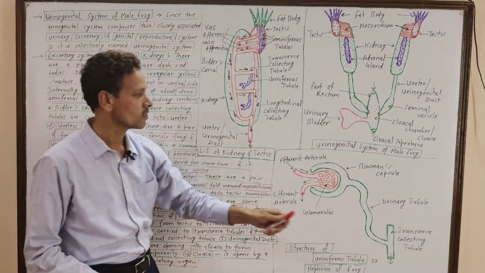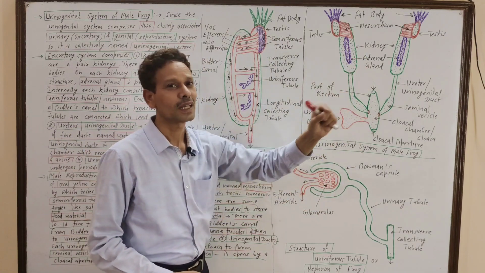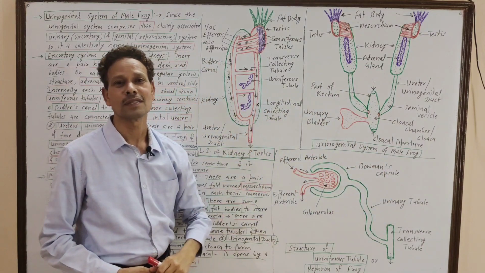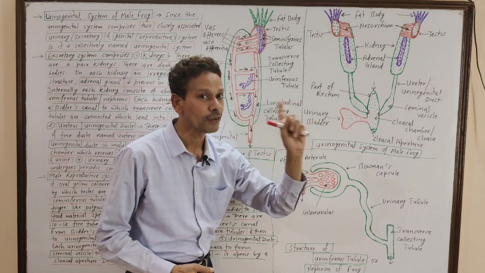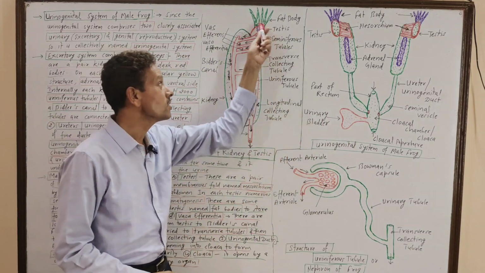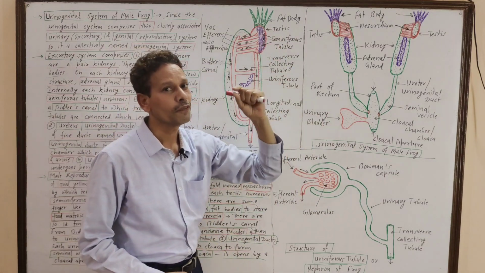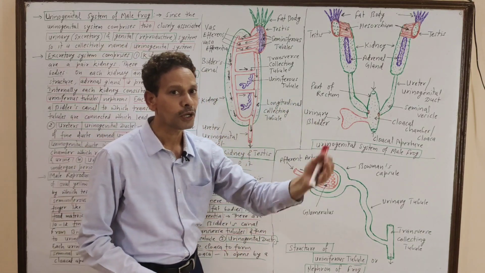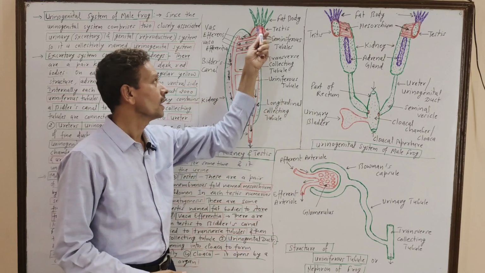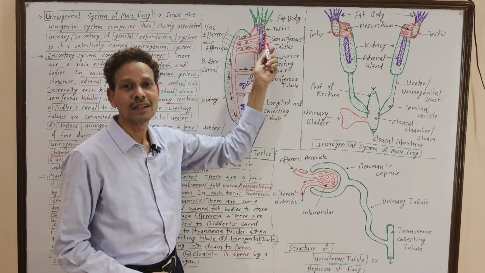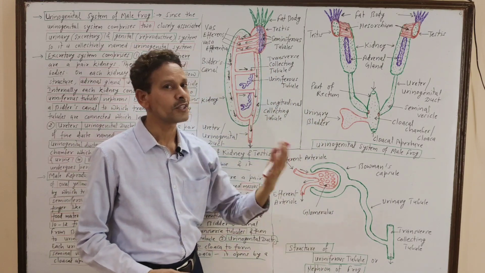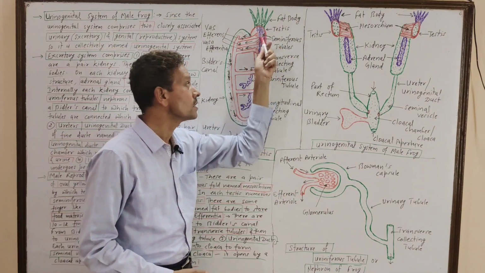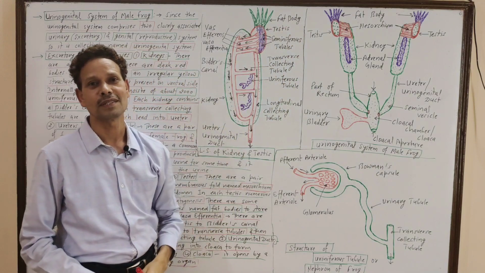Note down, in kidneys the structural and functional units are uriniferous tubules involved in the formation of urine. But in testes, for spermatogenesis, for the formation of spermatozoa, in each testis there are a number of structural and functional units, and these are seminiferous tubules.